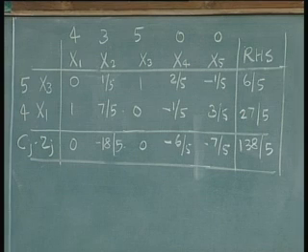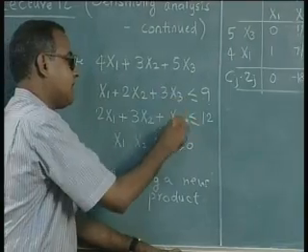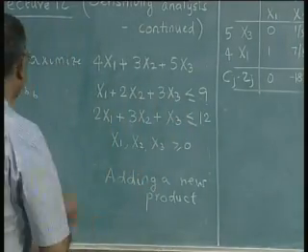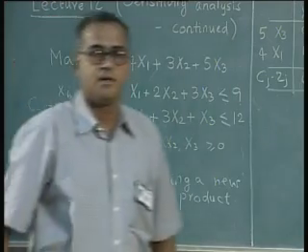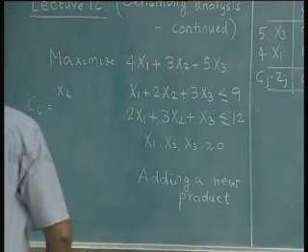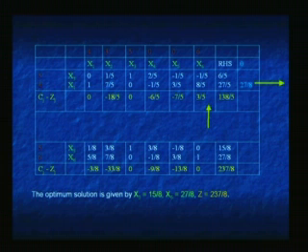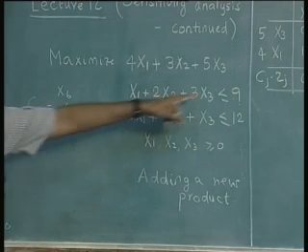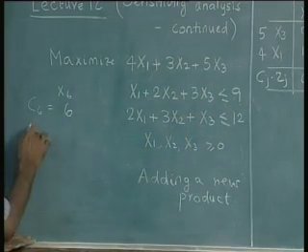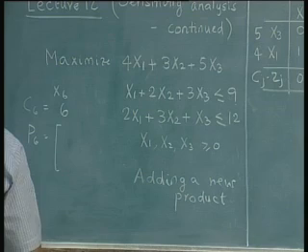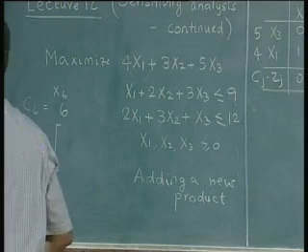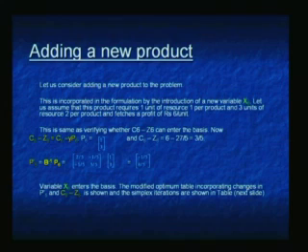A new product is characterized by its contribution in the objective function as well as the values in these two constraints. So let us assume that C6, the objective function coefficient corresponding to the new product x6, is 6, and the constraint coefficients in both constraints 1 and 2, which is given as P6, are 1 and 3.